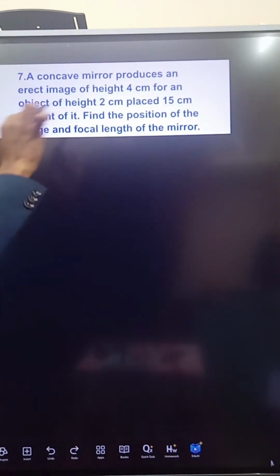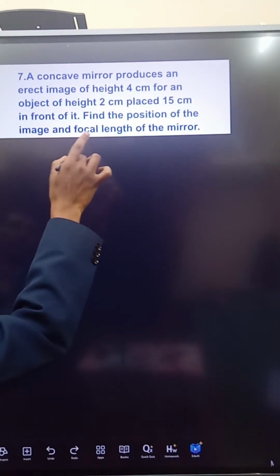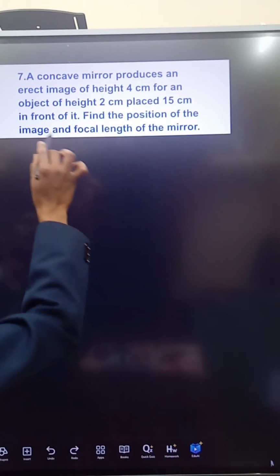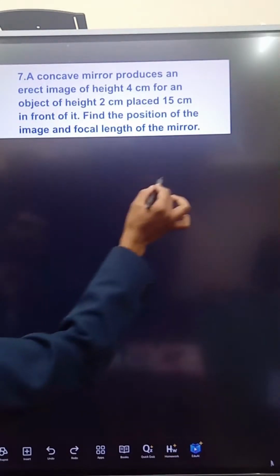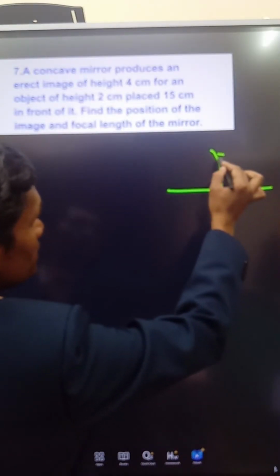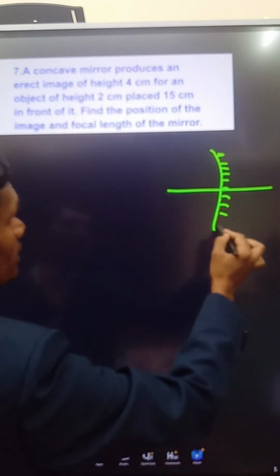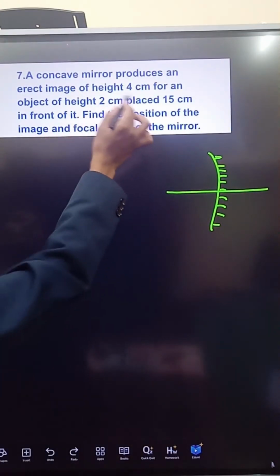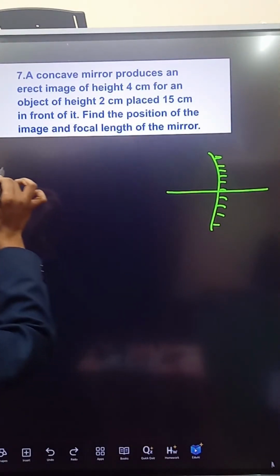Just go on writing one by one. A concave mirror produces an erect image, they are saying. For this, you need to say this is a concave mirror, right?